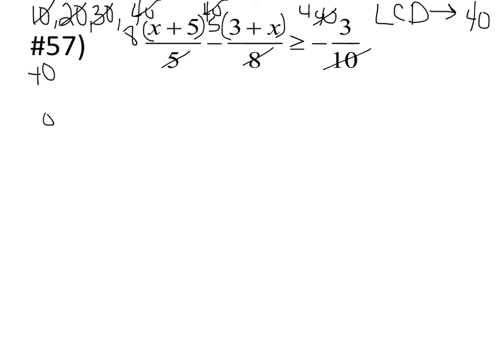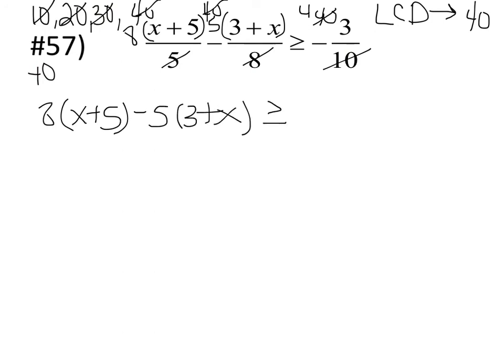So now we're going to say 8 times x plus 5 minus 5 times 3 plus x is greater than or equal to negative, because the negative's right here, 4 times 3, which is 12. Now distribute. 8 times x is 8x, plus 8 times 5 is 40. You're distributing a negative 5.